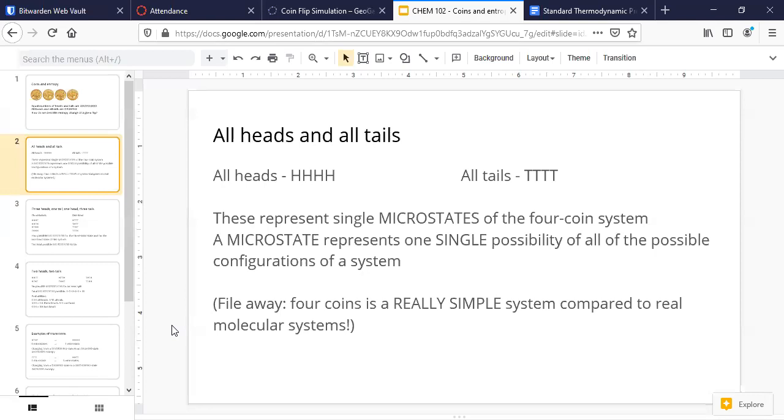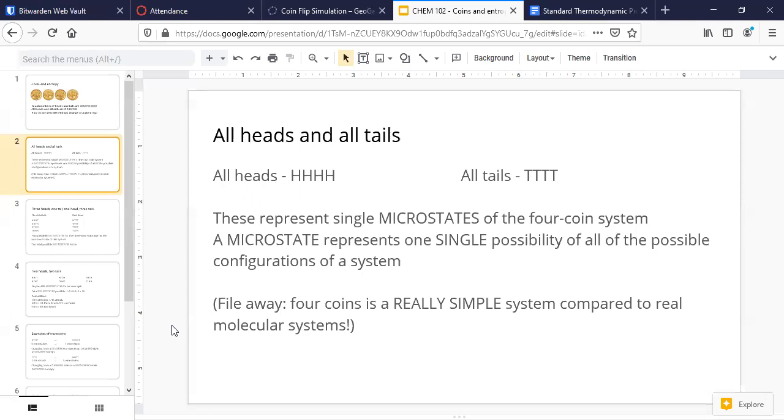And like I said before, this is a really simple system we're talking about here. Okay? If we were to connect this to a real molecular system, even if we're just talking about binary states, turning something on and off, we're not just talking about 4 atoms in a single system, right? We're talking about 400 billion trillion atoms in a single system.